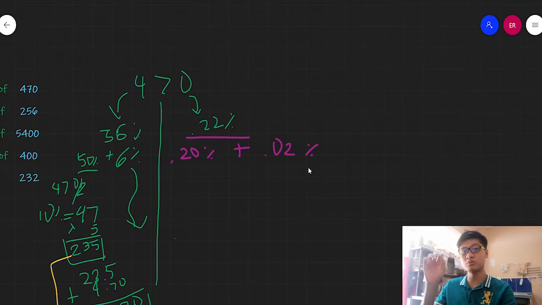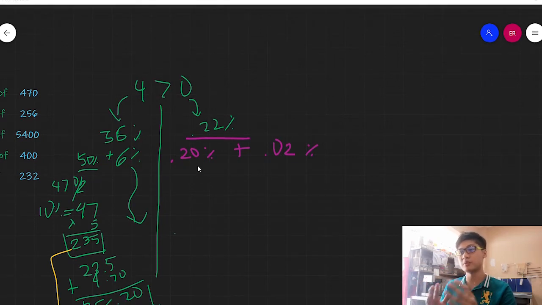Then we're just going to move one decimal place towards the left in order for us to get 2%. And then the last thing would just be moving two decimal places to the left so we can get 0.22%. So we will not get confused about finding 0.20% directly, because it's really confusing to find, and it would actually make us get an incorrect answer. So this is the simple trick that we have to do.